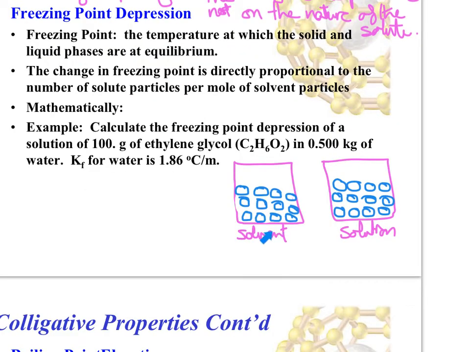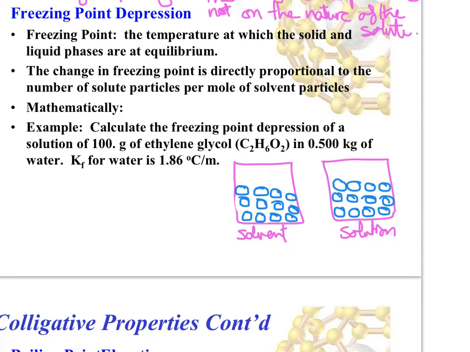So let's take a look at these 2 particle diagrams. I've drawn 2 boxes with some particles in them. As you know, I'm not very good at drawing, so just assume that these are all the same size here. These are all solvent particles. Let's say water, for example. So here's my solvent, just pure solvent by itself, and now I'm going to make a solution. So I'm going to add to this some solute particles.